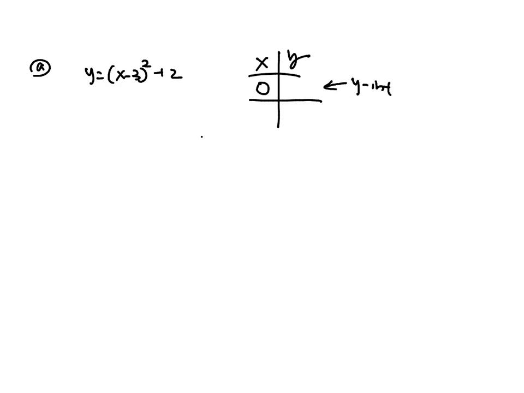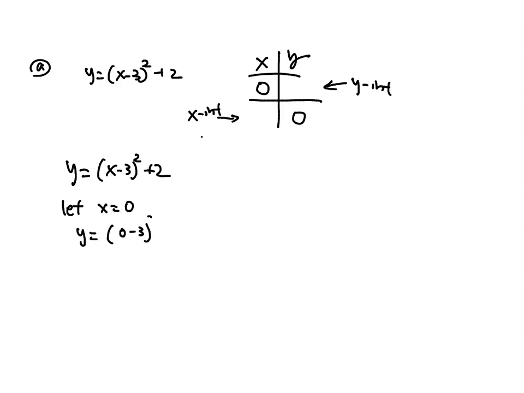And if you want to find the x-intercept, you let y equal 0. Okay, so let's do that over here. So y equals (x minus 3) squared plus 2. I'm going to let x equal 0, so y equals (0 minus 3) squared plus 2. And this will give me 3 squared plus 2, which is 11.